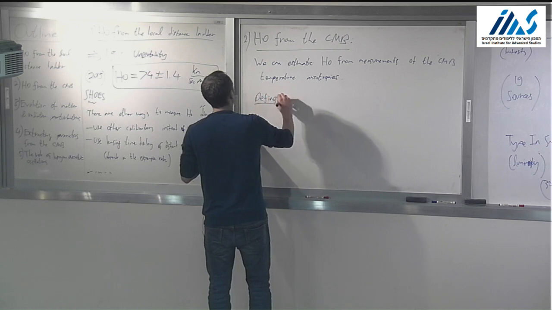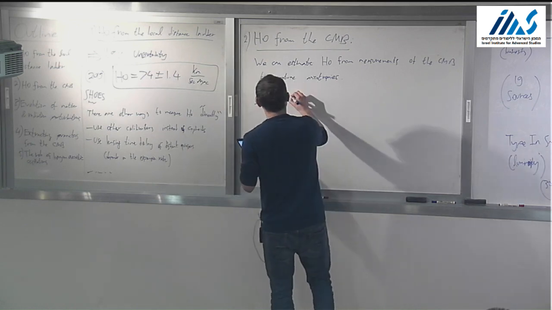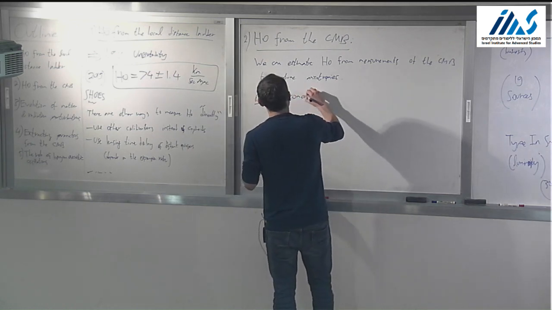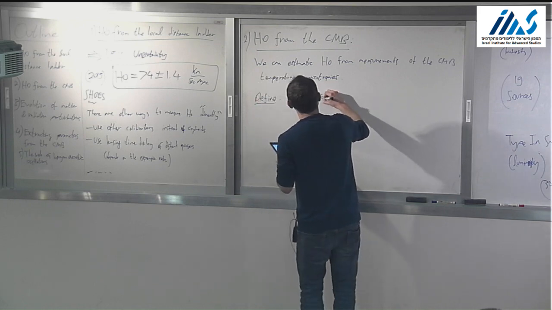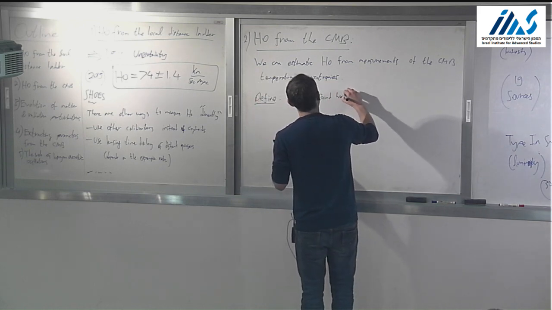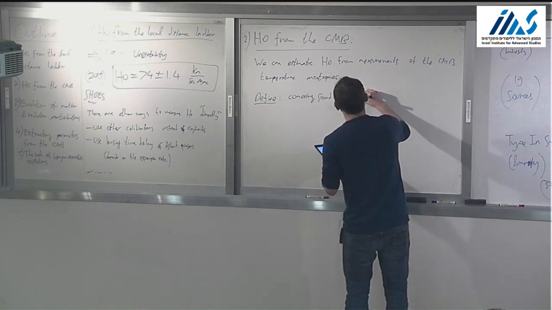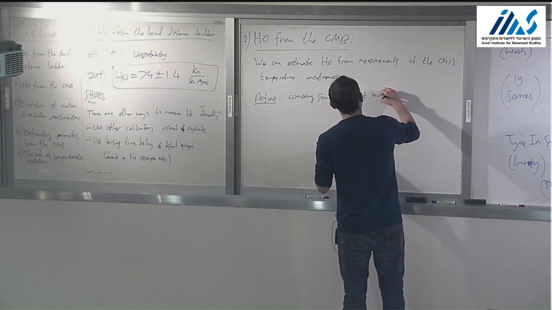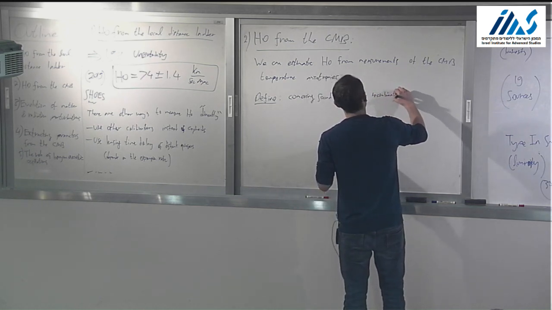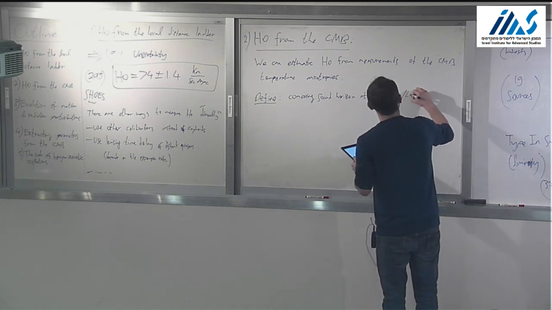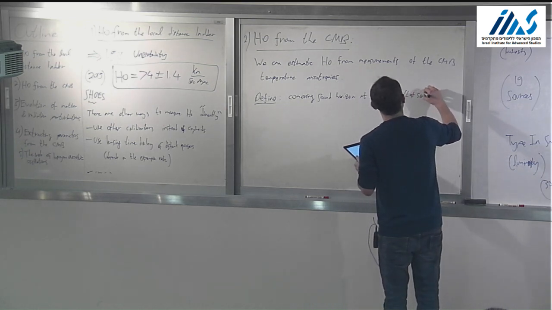Let's define a useful quantity that you'll see repeating a lot today. The co-moving sound horizon at recombination or the last scattering surface.